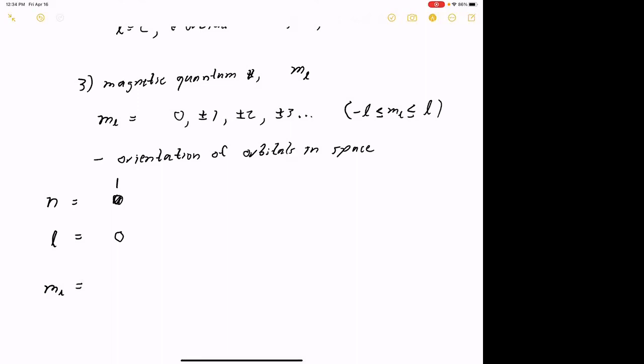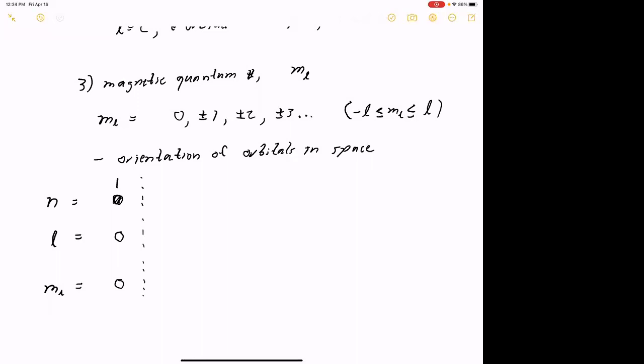Well, go back up here. M sub l is limited as minus L is less than or equal to m sub l, which is less than or equal to L. Okay, so if I have an L equals 0, I've only got one option for m sub L. That's also going to be a 0, right? That's the only thing that can lie within that range.